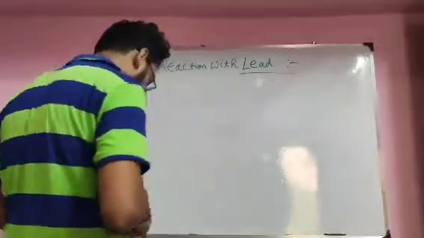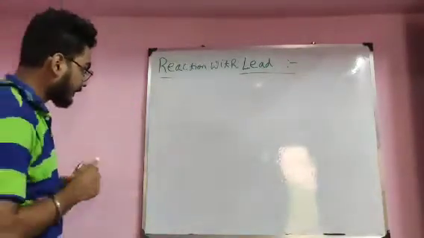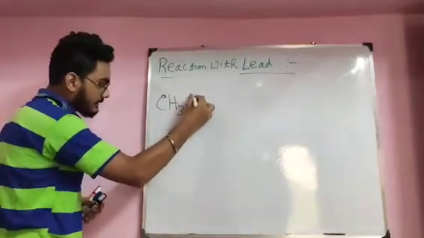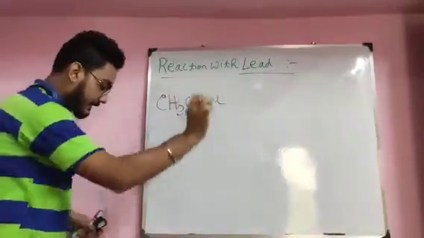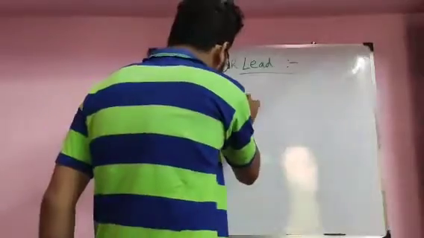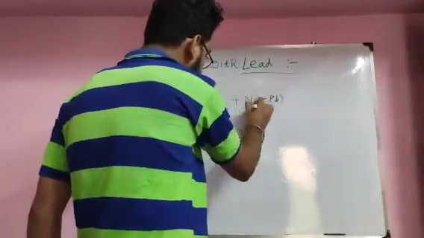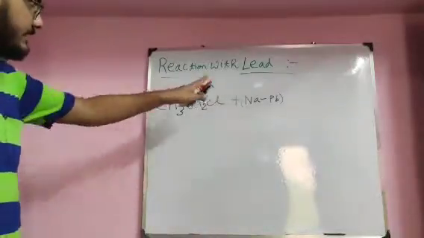Now we take an example. If we take CH3CH2Cl plus, this is the reagent used in reaction with lead.